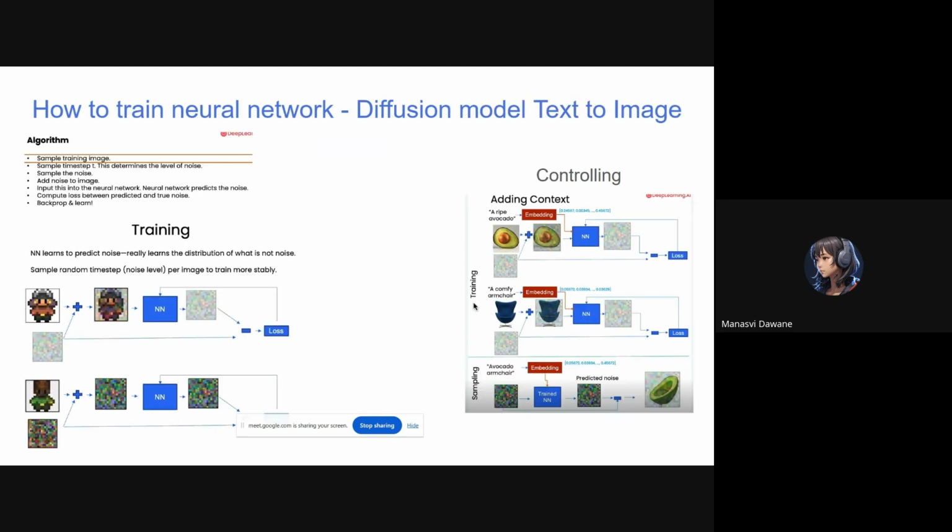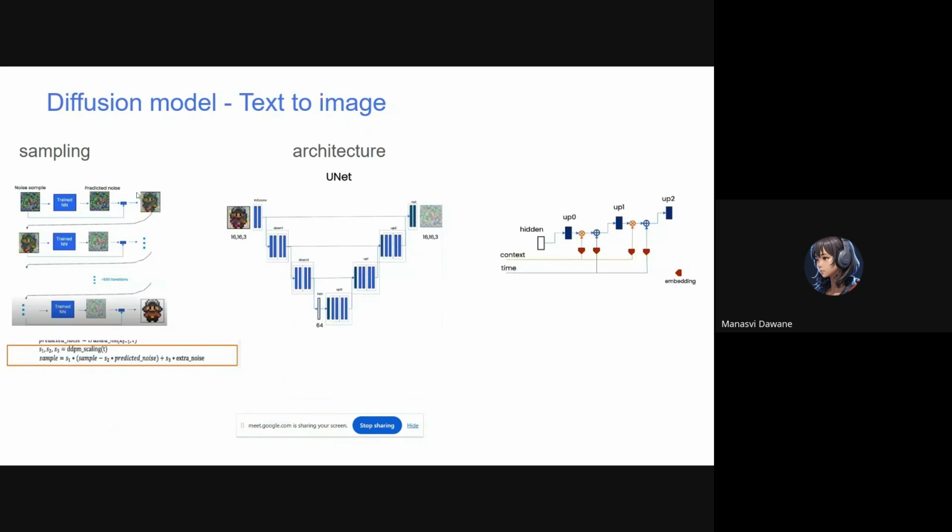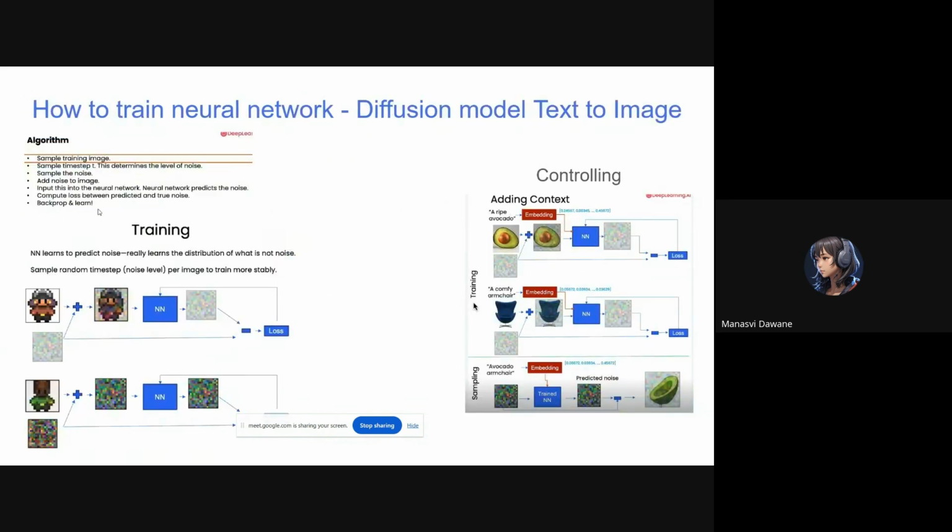So how are these diffusion models trained? This is the algorithm. You can see: sample a training image, sample a timestamp, then sample the noise, add noise to the image, input it into a neural network, then compute the loss, which we see here, and then backpropagate and learn. So this is basically the training. This is an image of a sprite plus a little bit of noise.